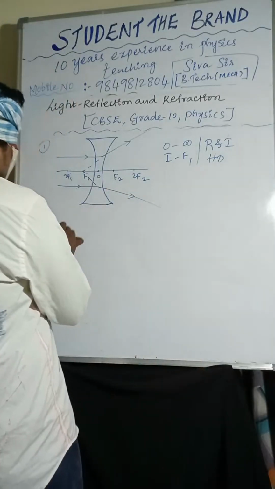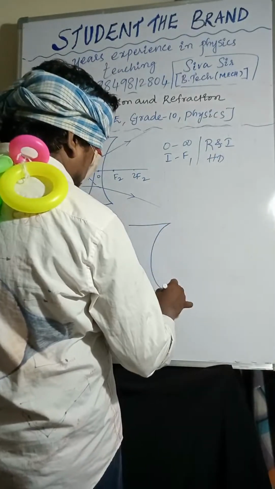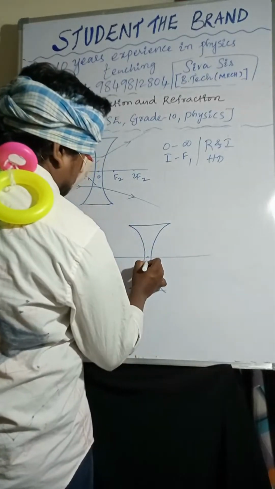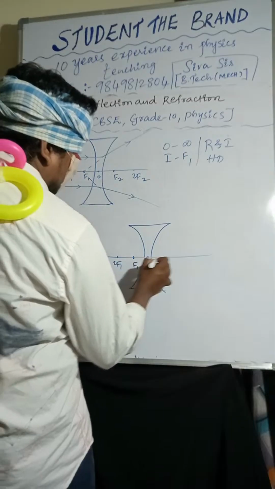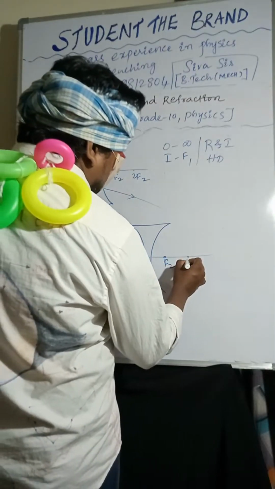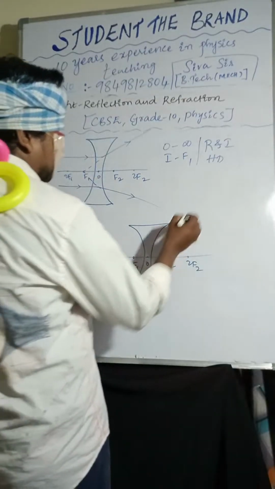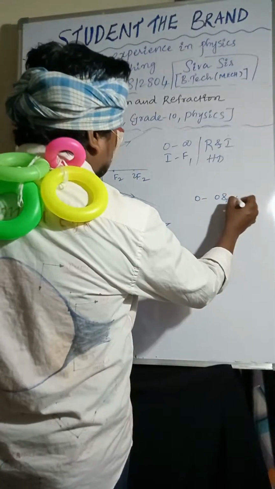Coming to the next one. Optic center, F1, 2F1, F2, 2F2. The object is placed anywhere between optic center and infinity.